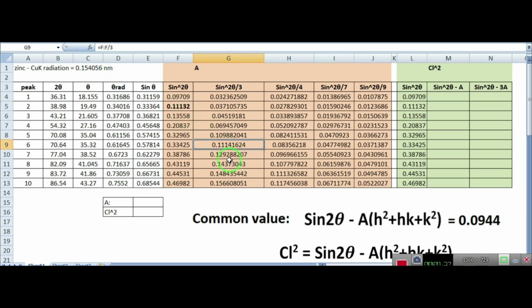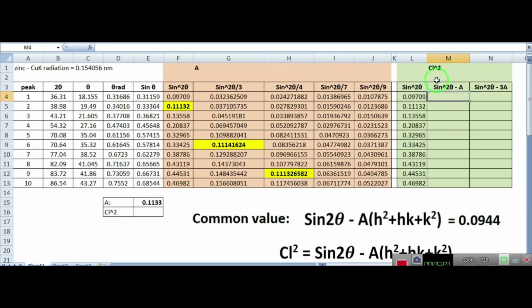So here also we have 0.111, and here also we have 0.111. This is the value which is repeatedly appearing. I am going to take the average of these 3 values, that will be capital A. So 0.1133, this is the value of capital A.